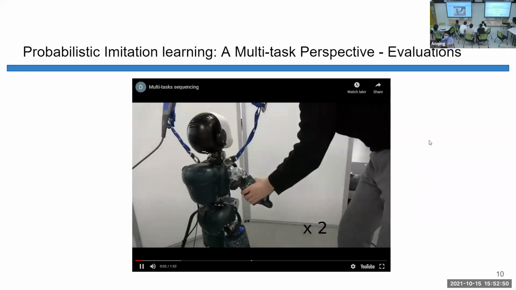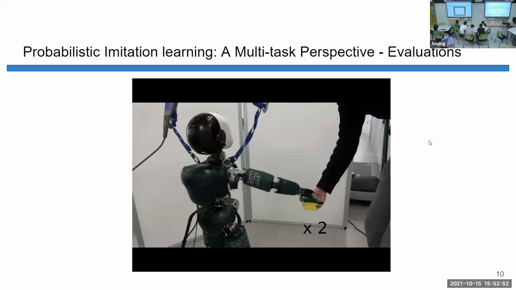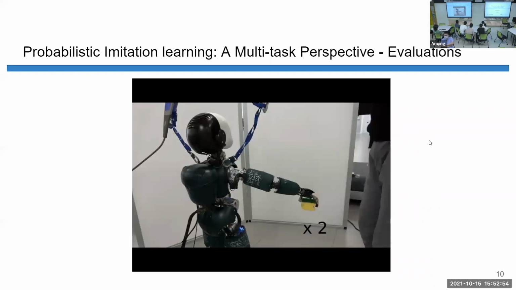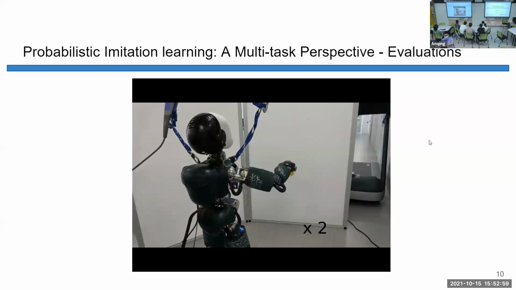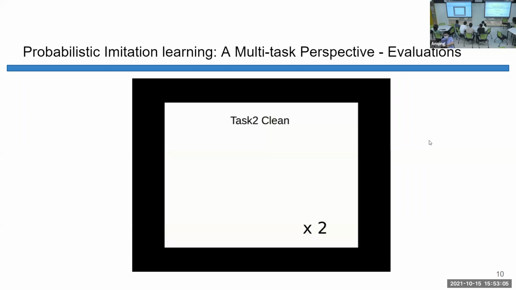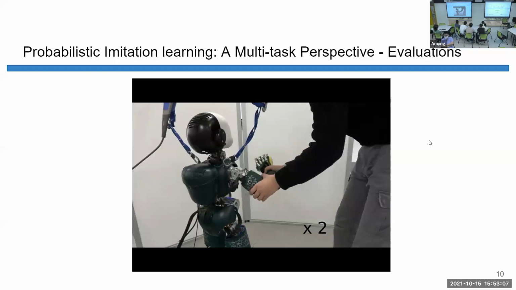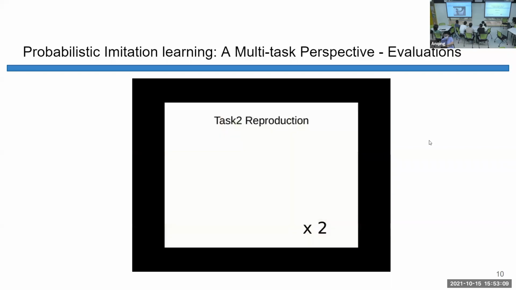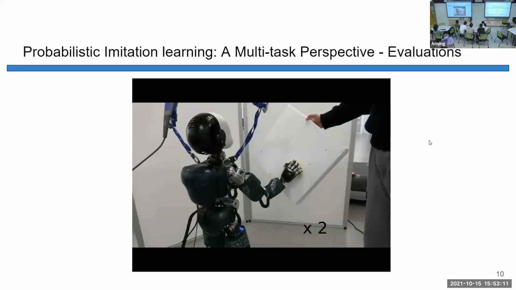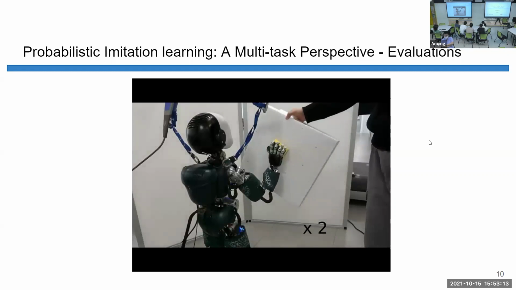For task 1, we do the demonstration. And then the robot can reproduce the taught task by itself. And then we demonstrate another task, which is a cleaning task. The robot can also produce it well.